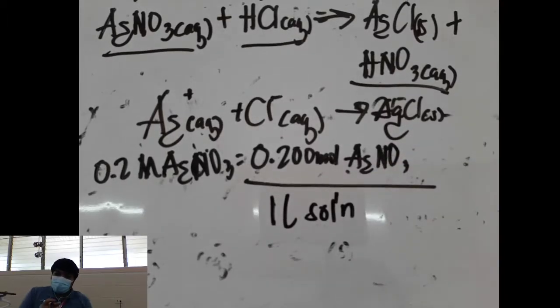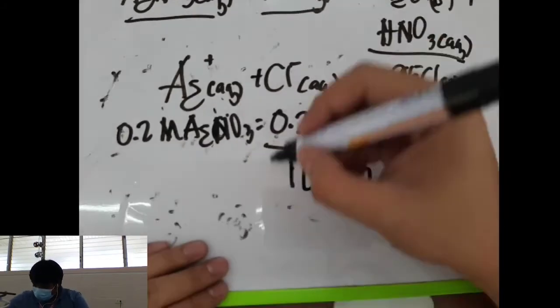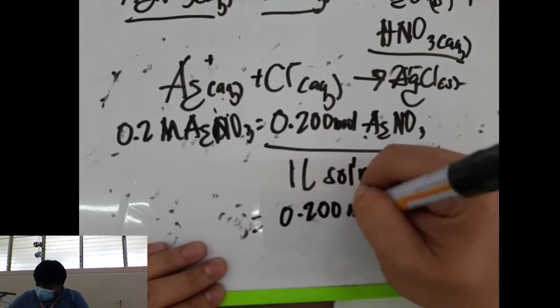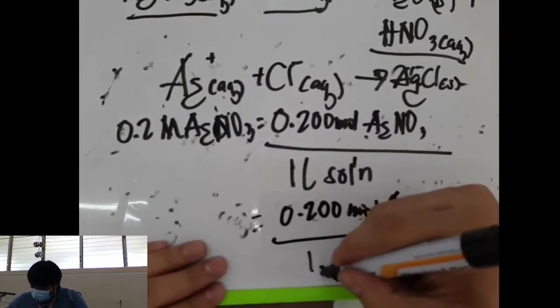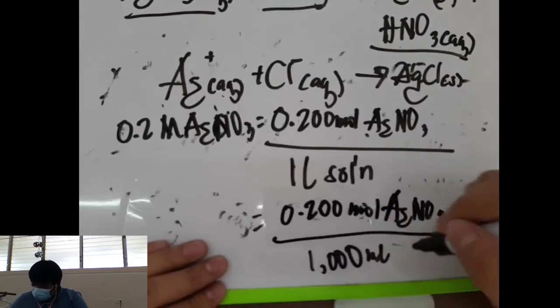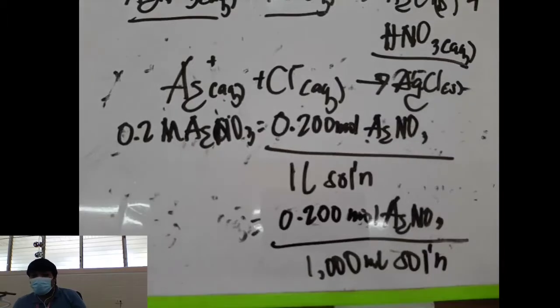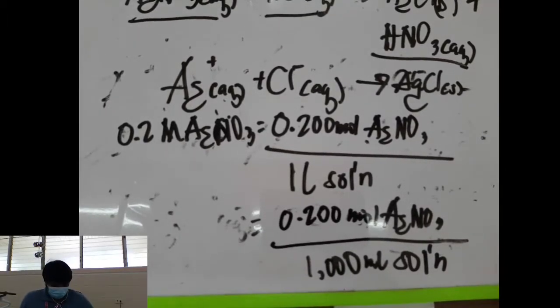However, since the volume that we have been given is in milliliters, we can also express this as 0.200 mole of silver nitrate per 1,000 ml of your solution, because remember 1 liter is equal to 1,000 ml, so this is interconvertible.